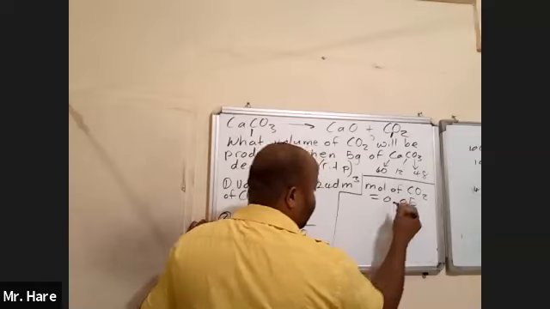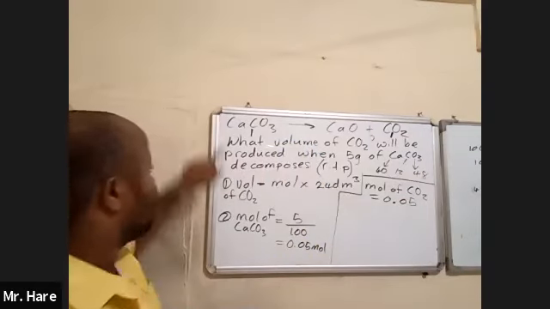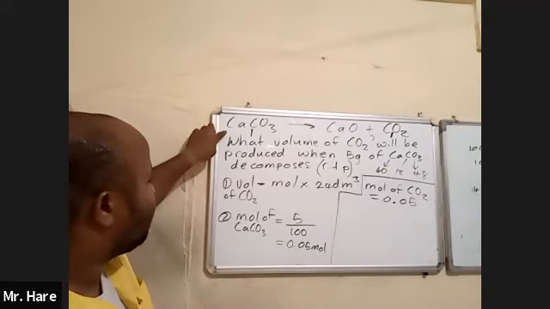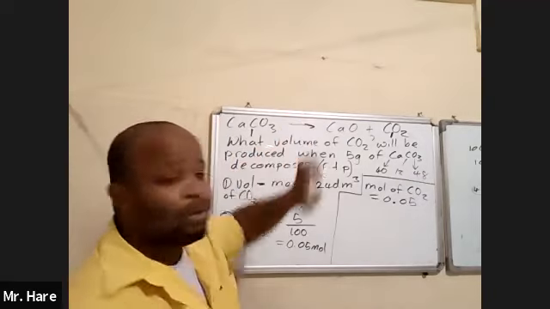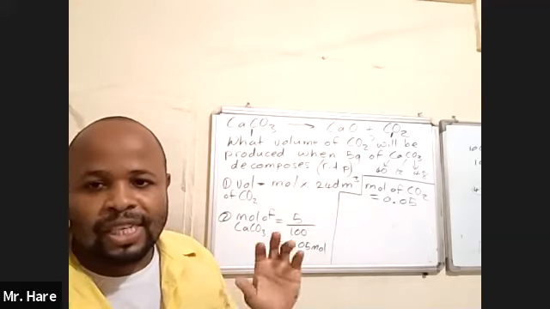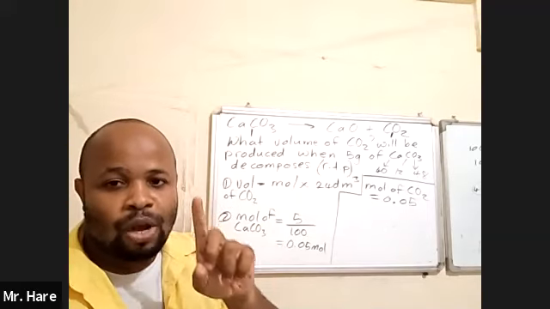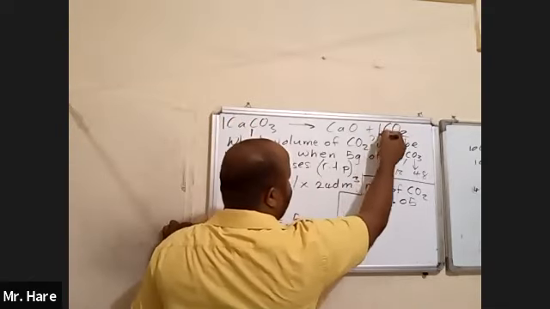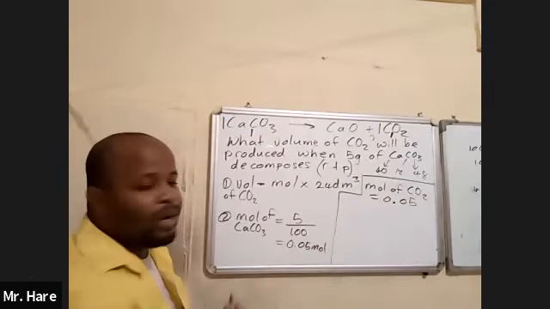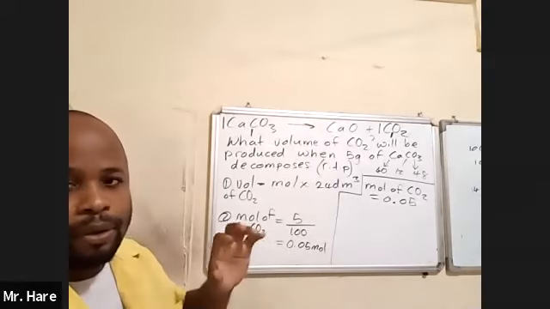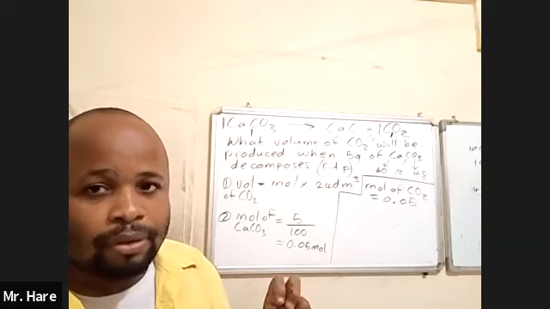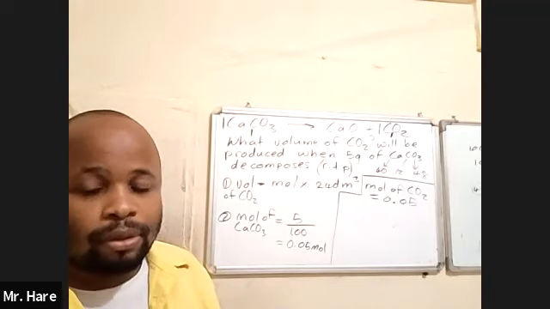Sir, how do you know there's a 1-to-1 mole ratio? When you look at the equation, the numbers in front tell you the moles. If you don't see any number, it's 1. So it's 1 mole of calcium carbonate, 1 mole of CO2. Sir, will the equations always be balanced, or would they possibly ask us to balance it?